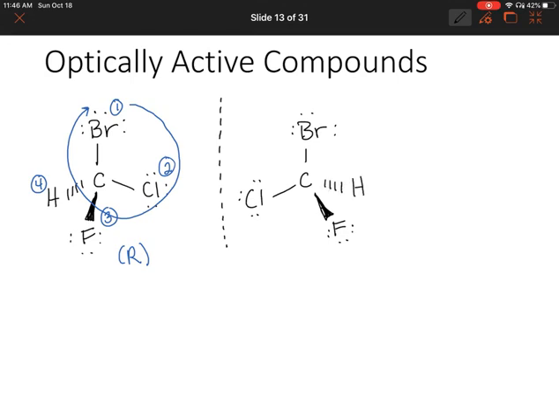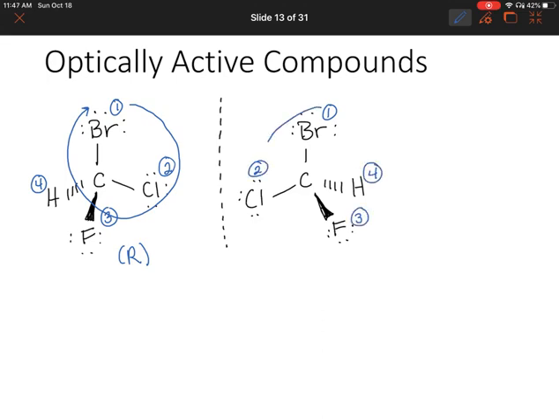So the mirror image of our molecule also has a stereocenter. It's also chiral. It has 4 different groups bonded to that carbon. So let's assign R or S to this mirror image. The priorities will stay the same as our original molecule.